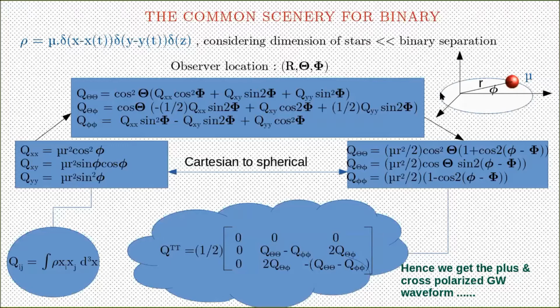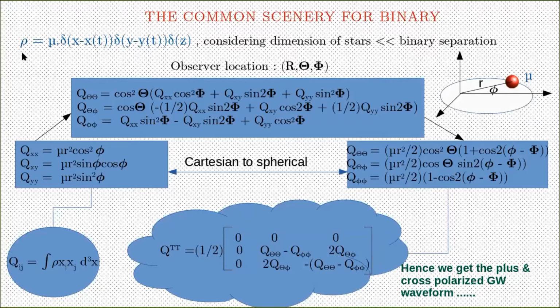So basically we can introduce the expression for the mass density of this type of system, which is mu delta(x minus x(t)) delta(y minus y(t)) delta(z). Delta z because it is only in the xy plane, nowhere else, and the mass is at time t. The position is x(t) and y(t).